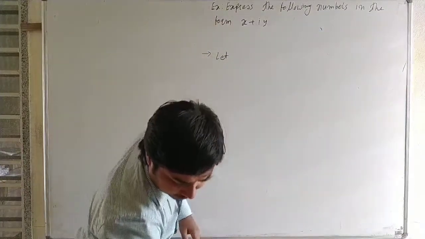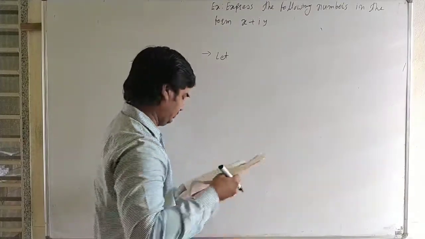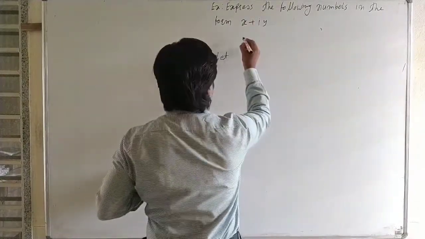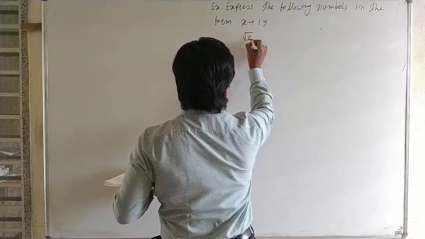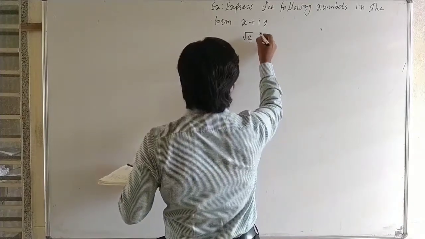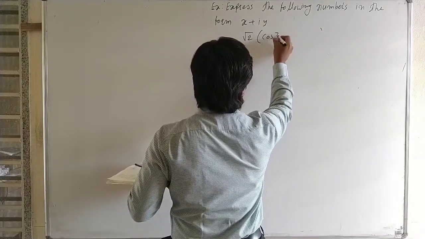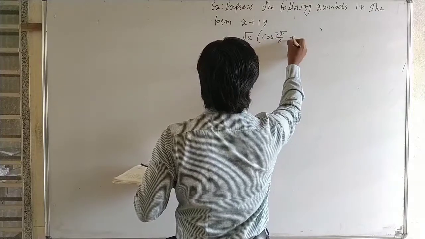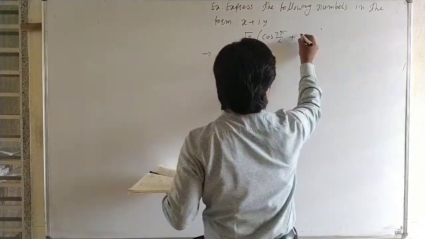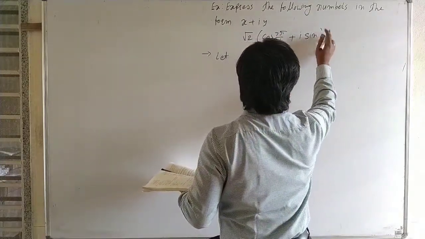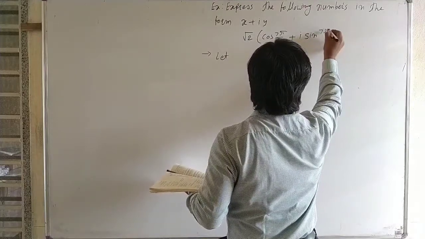Next example, root 2 into cos of 7 pi by 4 plus i into sin 7 pi by 4.